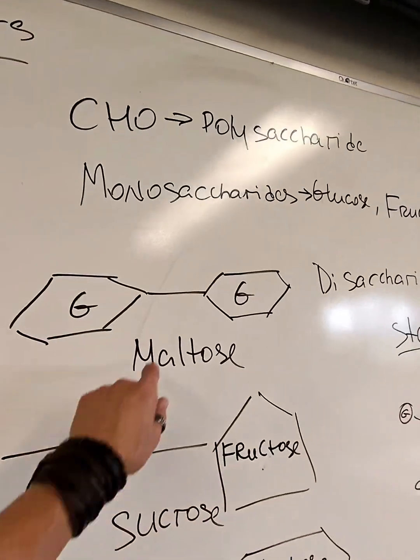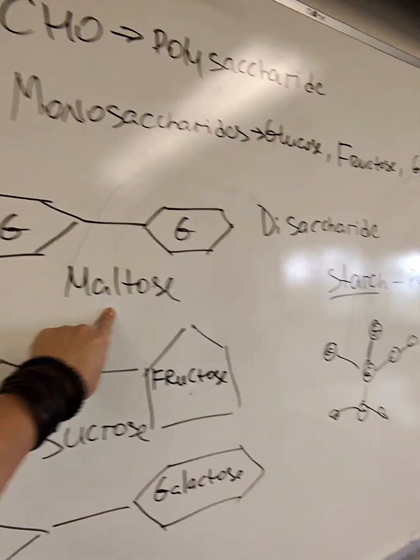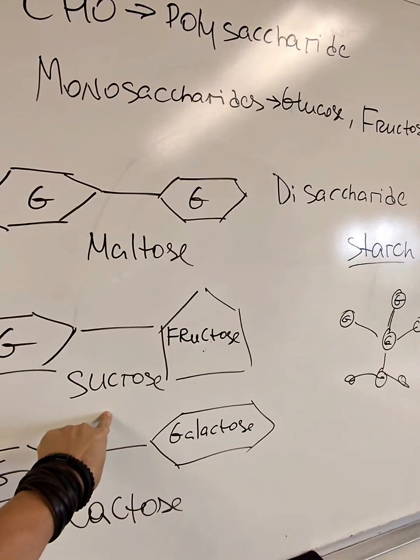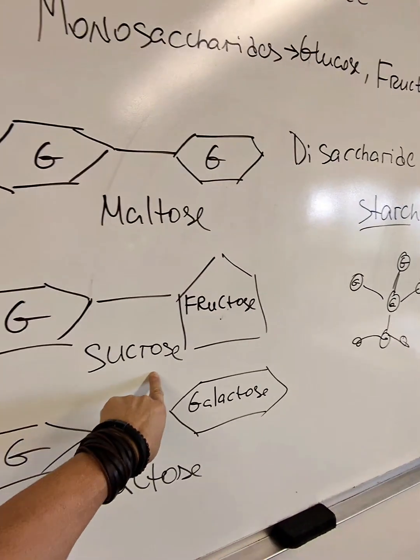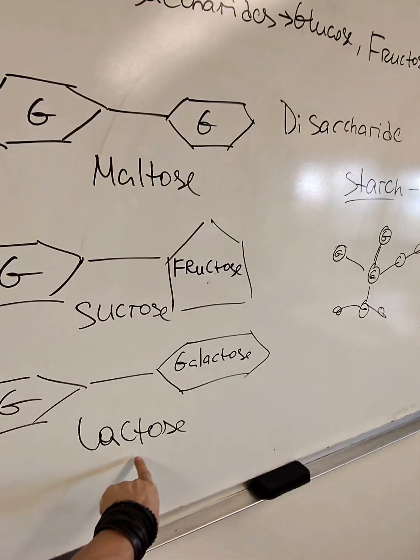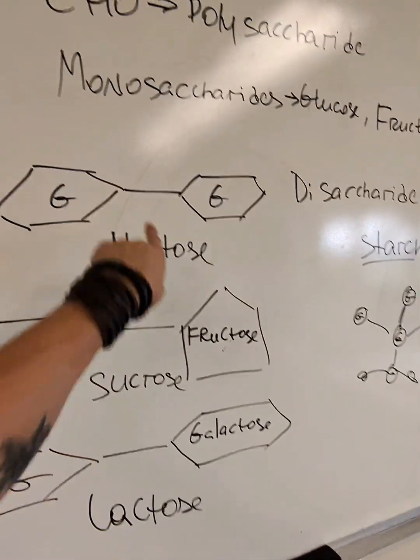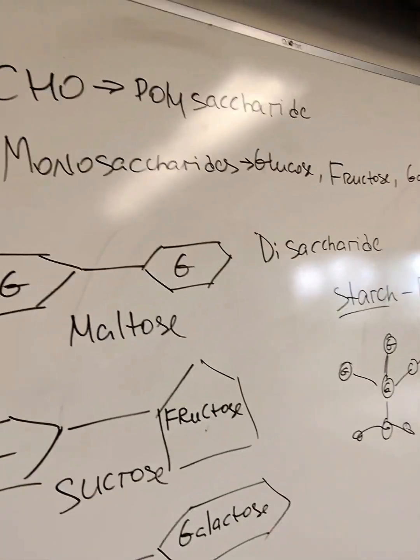We're able to break down maltose because we have the enzyme maltase, sucrose because we have sucrase, and lactose because we have lactase. Those who are missing a particular enzyme cannot break down a particular bond.